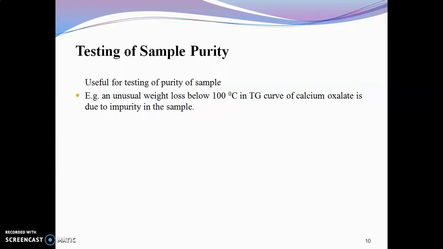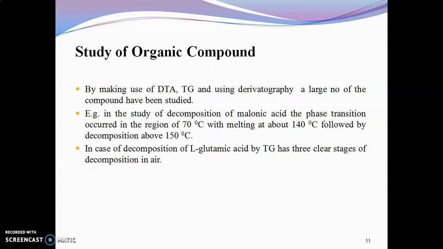Then for testing of sample purity it is also helpful. Example, an unusual weight loss below 100 degrees Celsius in the thermogravimetry of calcium oxalate is due to impurity of the sample. So like this, impurity and purity of the sample we can measure by thermogravimetry.